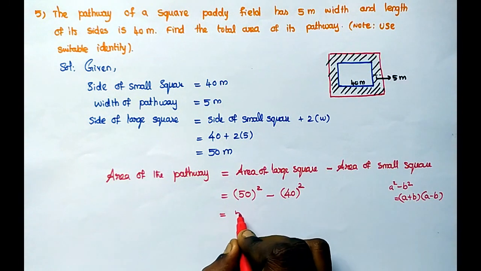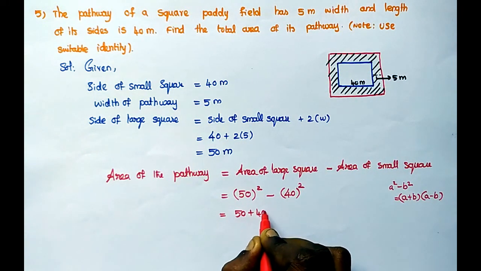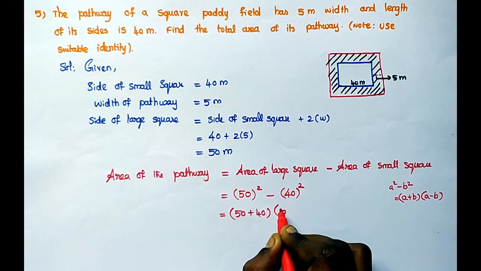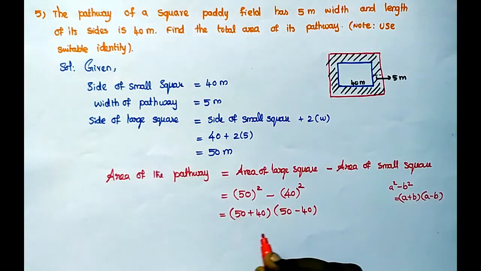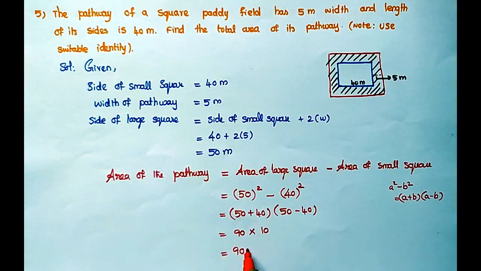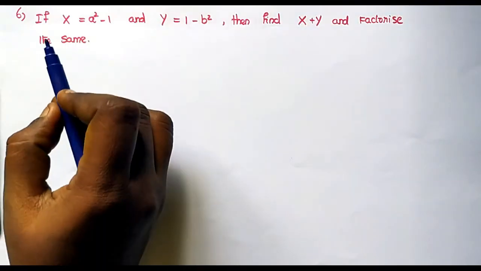So a plus b means (50 + 40) into (50 − 40). 50 plus 40, 90, into 50 minus 40, 10. So 900 meter square. That is the area of the pathway. That is the answer.